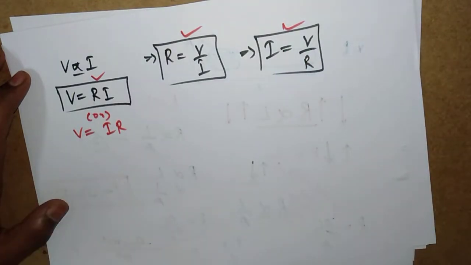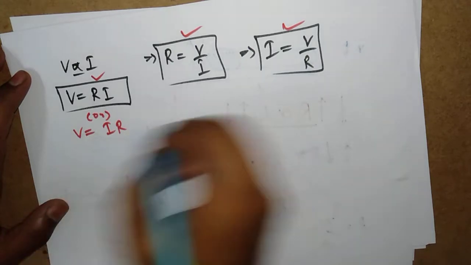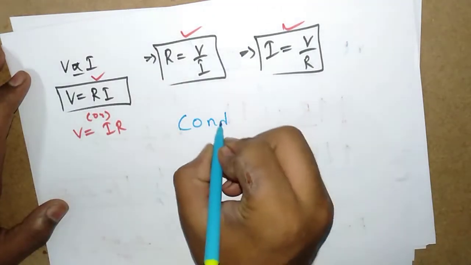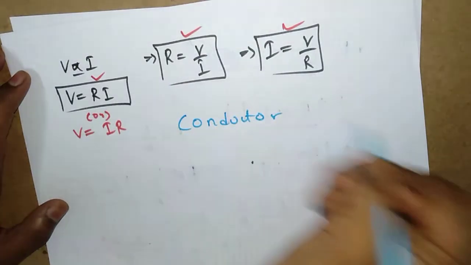So coming from Ohm's law, based on Ohm's law, the conductors are classified into two types.